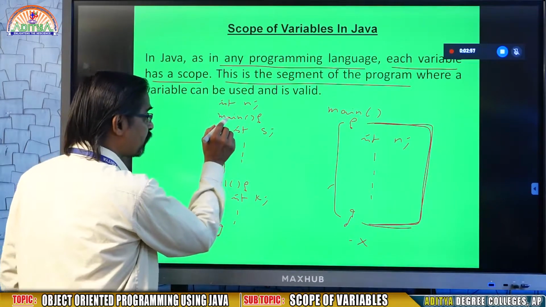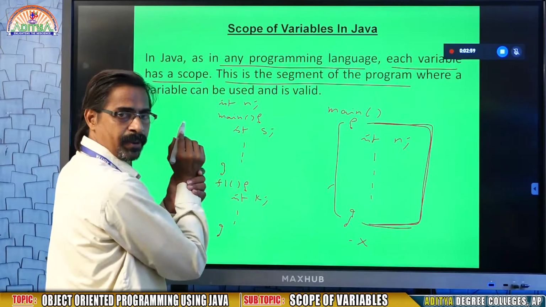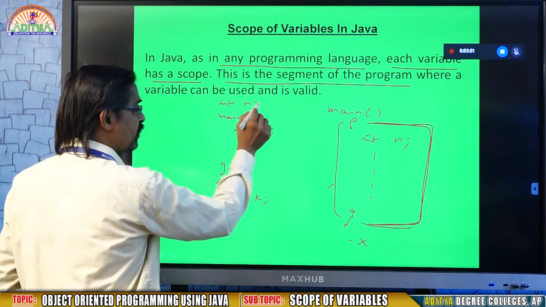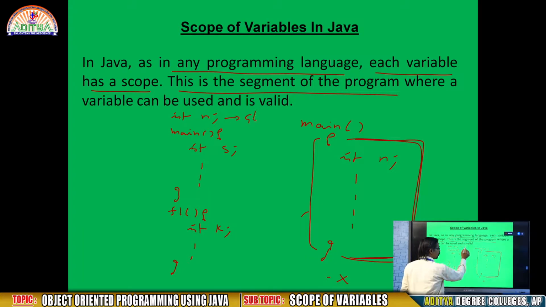The variable I am defining outside of main is called a global variable. What is its scope? Any variable defined in the global location, that n, is accessible in main and accessible in f1. Throughout all the functions, the variable is accessible.